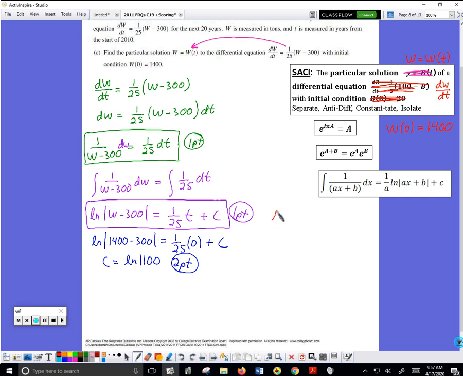So I just write down natural log W minus 300 must equal 1 over 25t plus the value of C, which is the natural log of 1100.